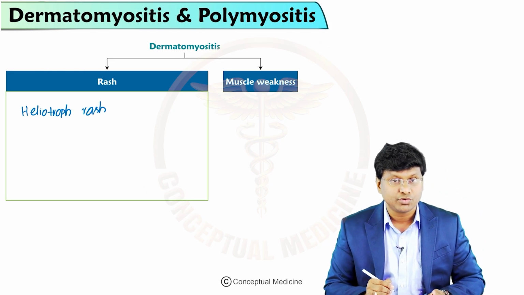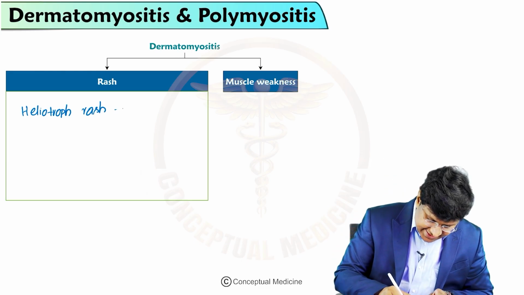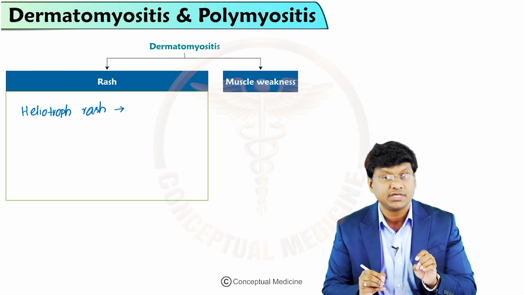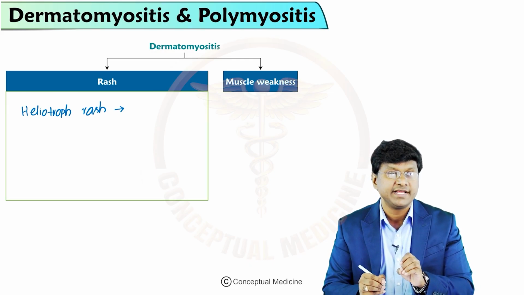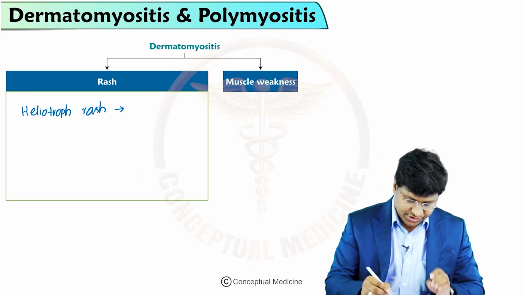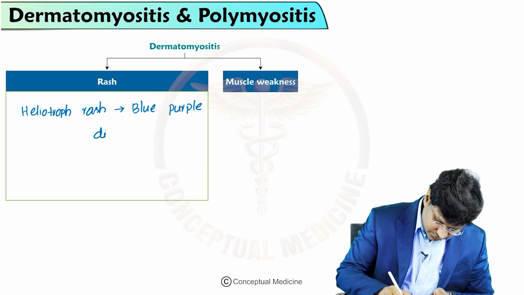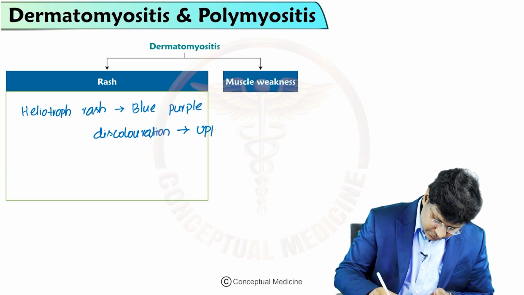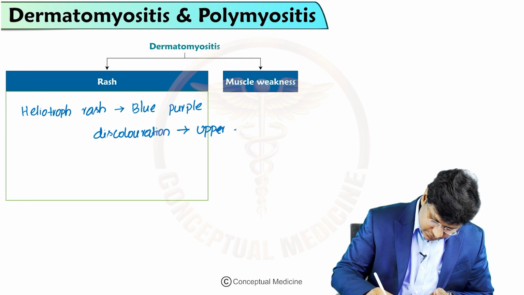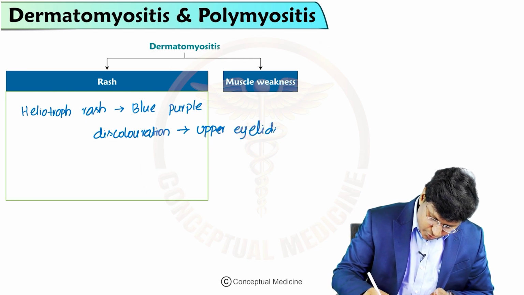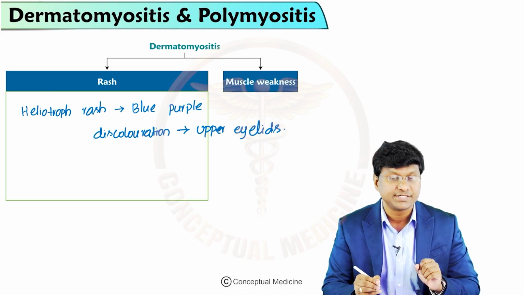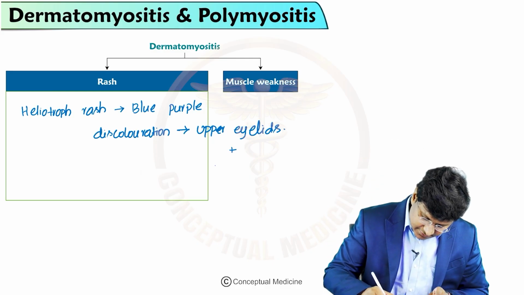In this heliotrope rash you have a characteristic blue-purple discoloration of the upper eyelids, along with edema.